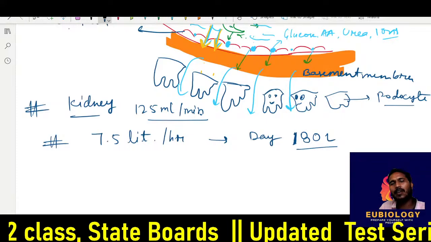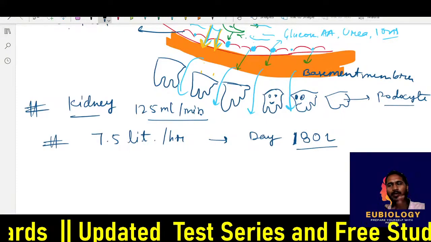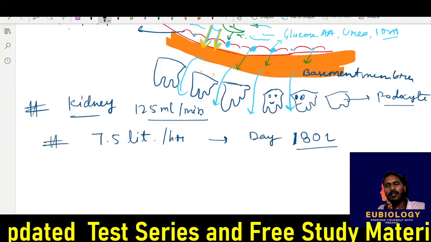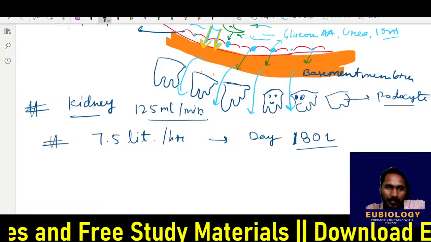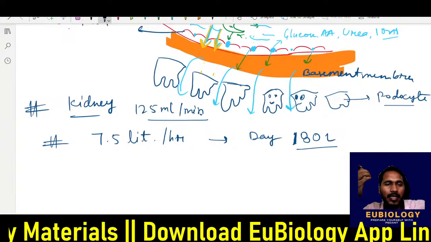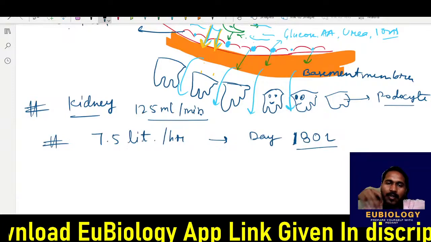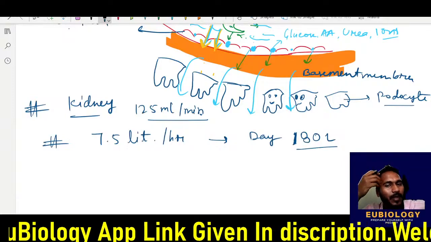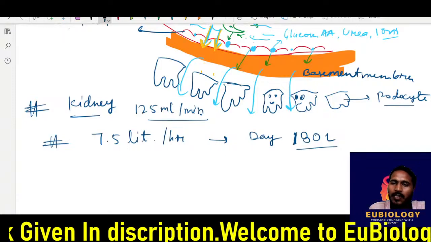The purpose is that everything should pass into the filtration process, and then most of it, 90% of the filtrate, will be reabsorbed.